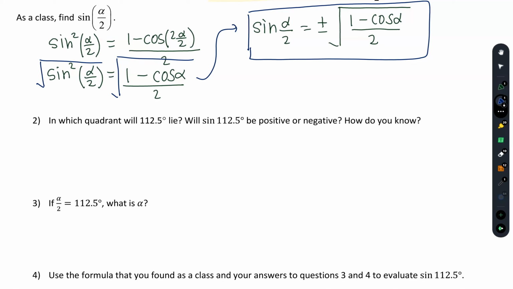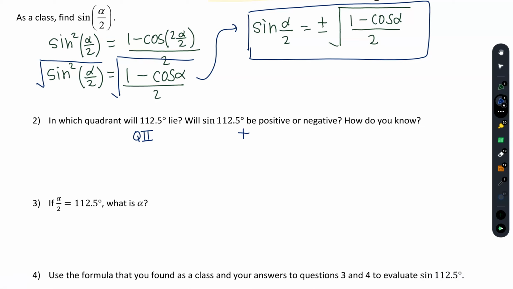Okay, so what quadrant is 112.5 degrees in? That is in quadrant 2, right? And so will sine of 112.5 be positive or negative? How do I know that it's going to be positive?